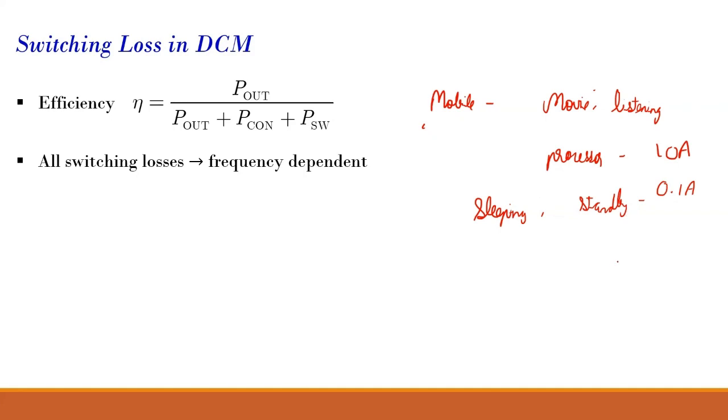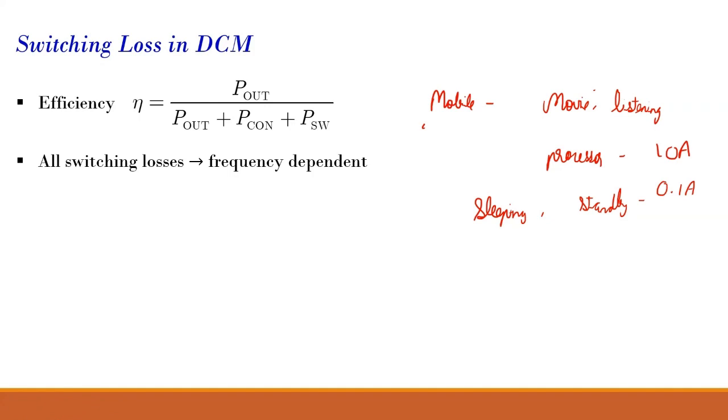In most cases you're not using the mobile. It should be active enough to receive the call or get the notification, but it will not be consuming lots of power. That is light load condition. But when you are using your mobile to play a game or see a movie, then your mobile is in full load condition, heavily loaded, and it draws a lot of current.